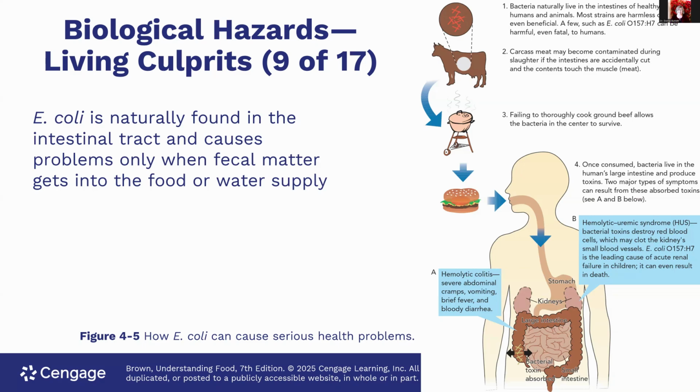The carcass meat may become contaminated during slaughter if the intestines are accidentally cut and the contents touch the muscle, which is the meat that you're going to eat. Then someone fails to thoroughly cook the ground beef, and that allows the bacteria in the center to survive.